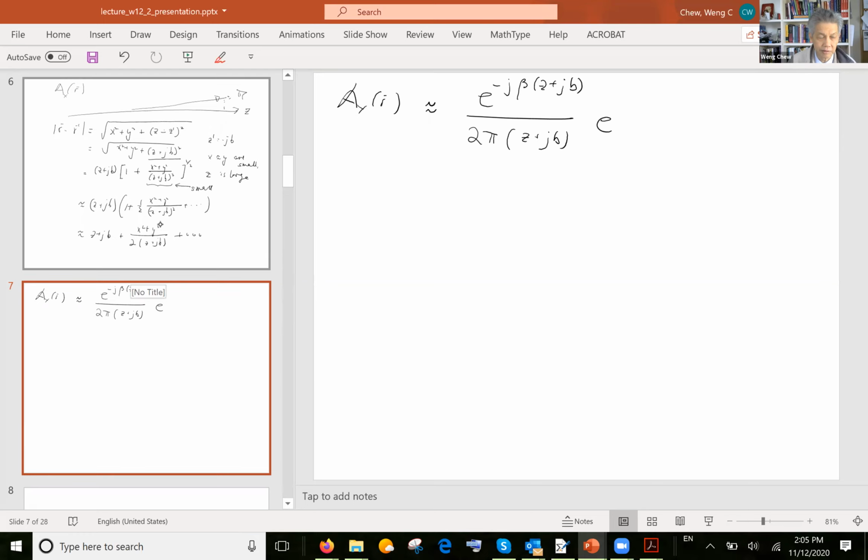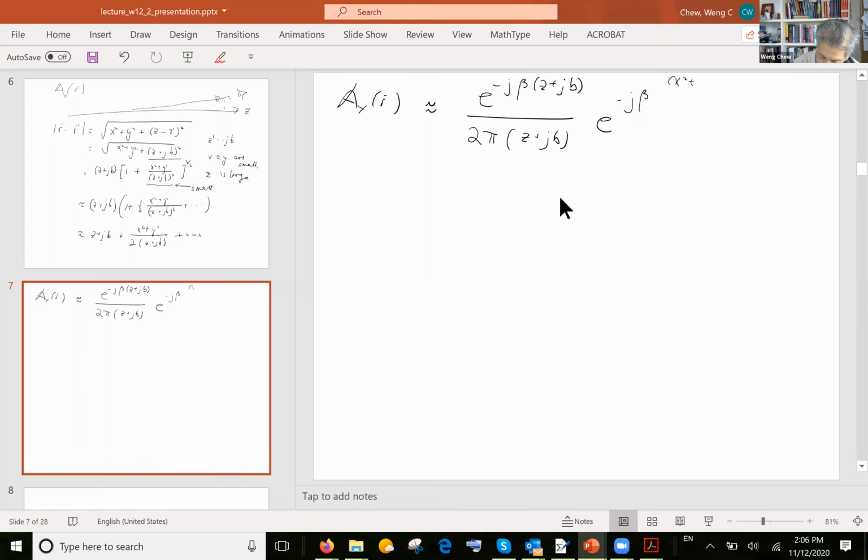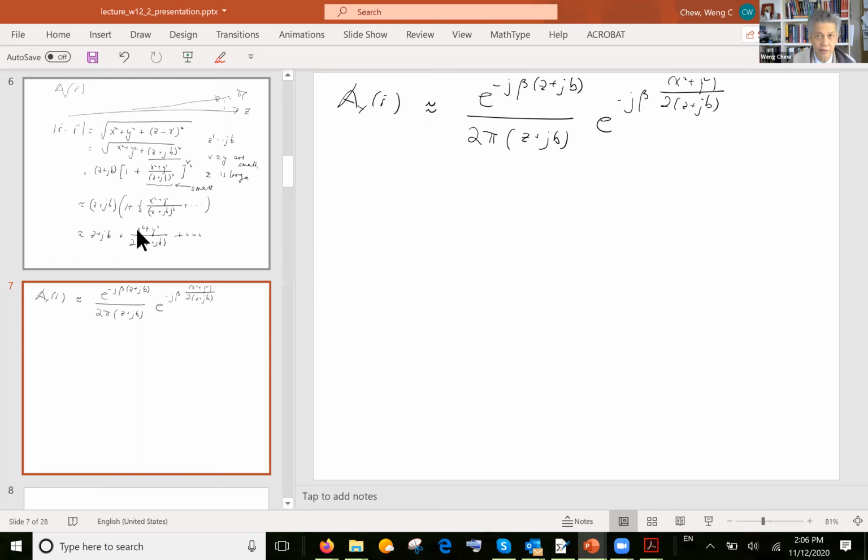I'm going to keep this in the phase, and then ignore it in the denominator, as we have always done. The exponential term is important because this beta can be large. So if I keep it in the exponential, then I should keep these small terms there as well: x squared plus y squared over 2(z plus jb). In other words, I keep these small terms in the exponential.